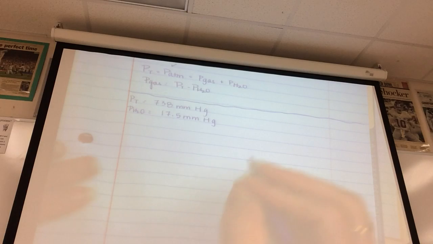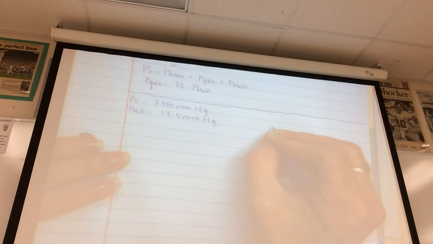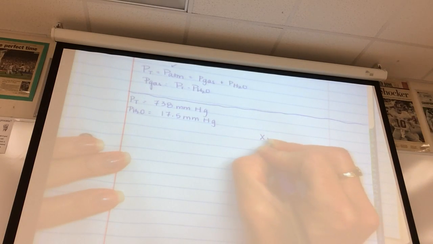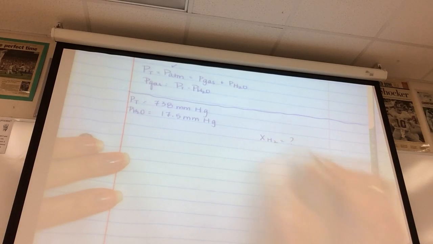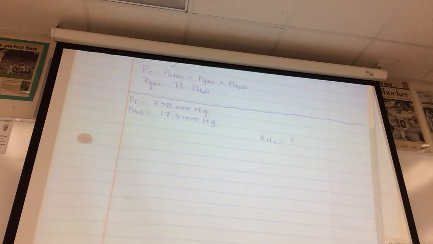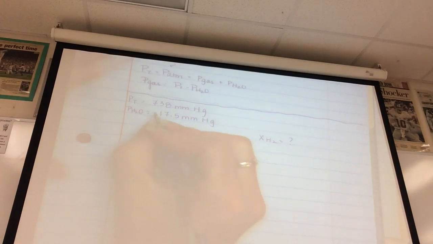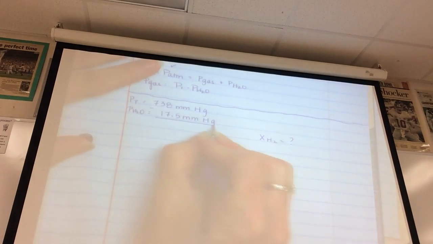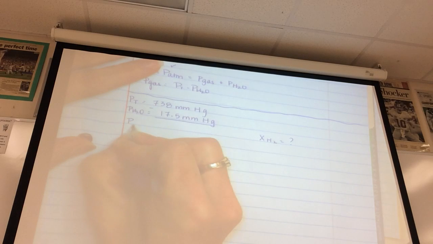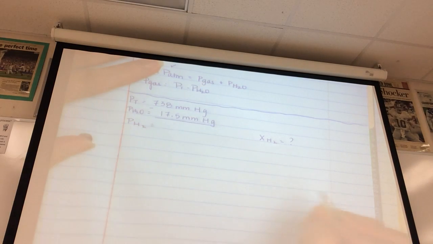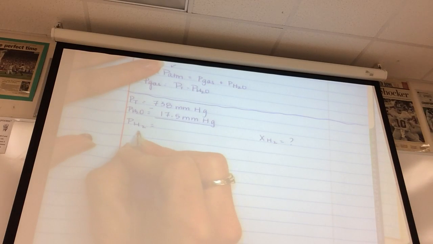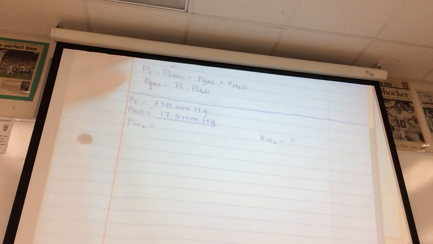And we want to know the mole fraction of hydrogen gas. How do we approach this? Yes. Total pressure minus the pressure of the water. What's that going to give us? The partial pressure of the gas, and then divided by the original pressure, 738. Right, the original pressure is correct.